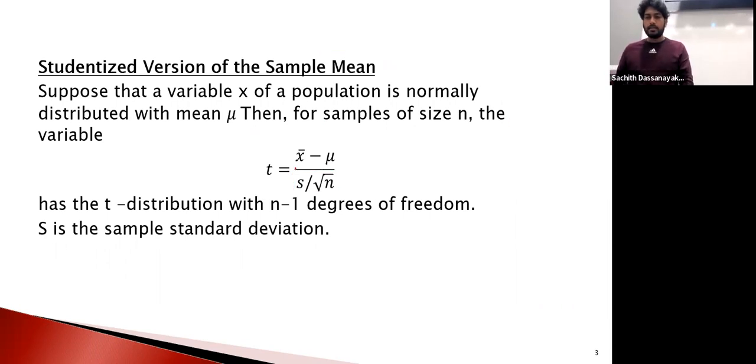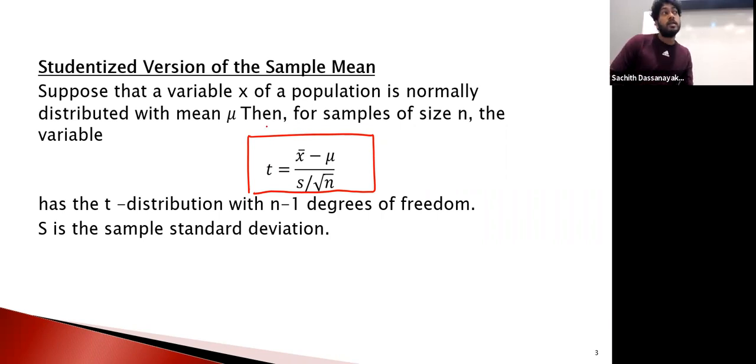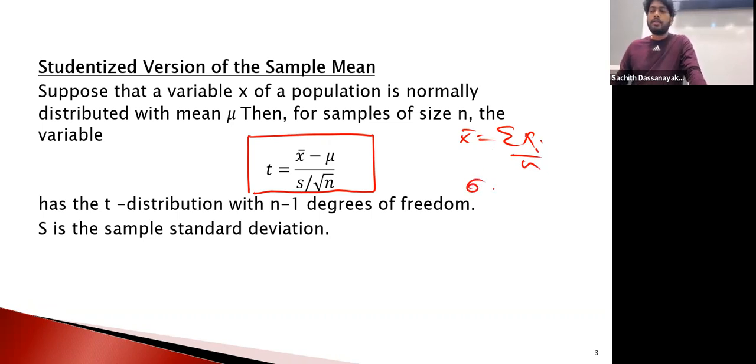You have to remember this one. Although you don't know sigma, you can simply find S and x bar. If you have a sample, you know the observations and their values, you can find x bar as summation xi over n. How do you find S, the standard deviation of a sample?